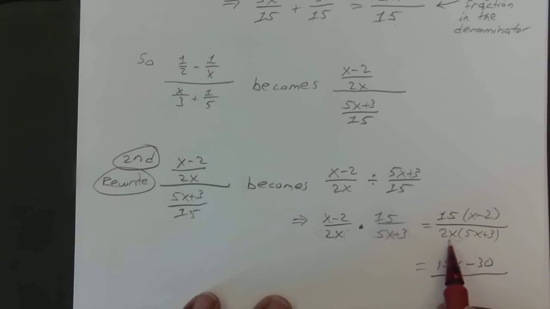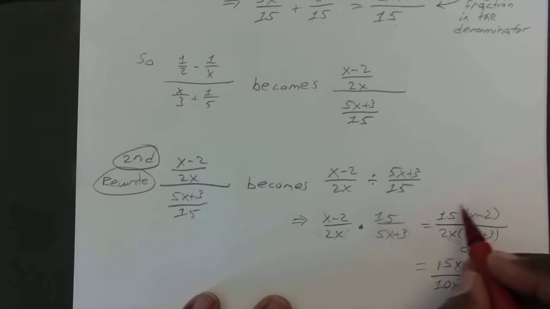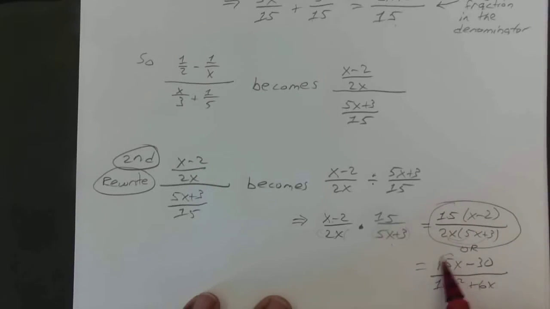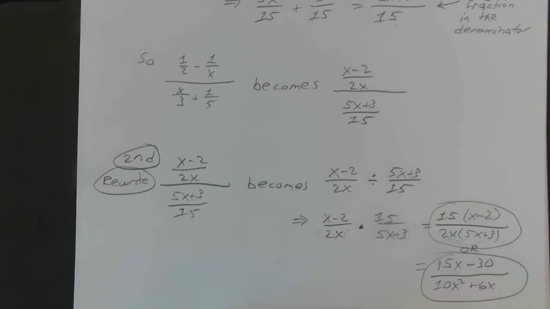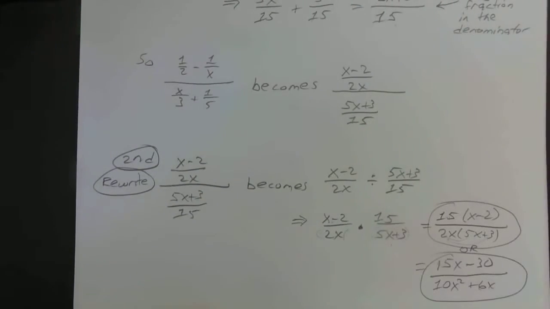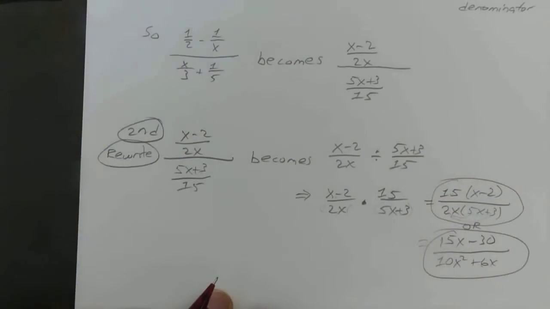If you distribute the 2x here, 2x times 5x is 10x squared. 2x times 3 is 6x. So either one of these will be correct. Any questions on that one?